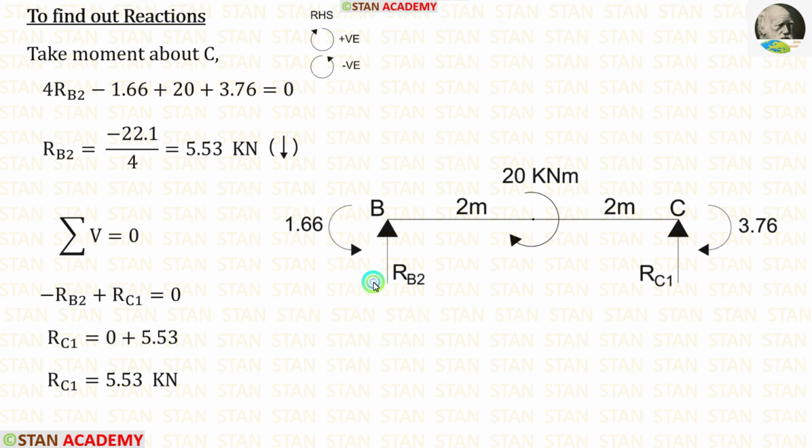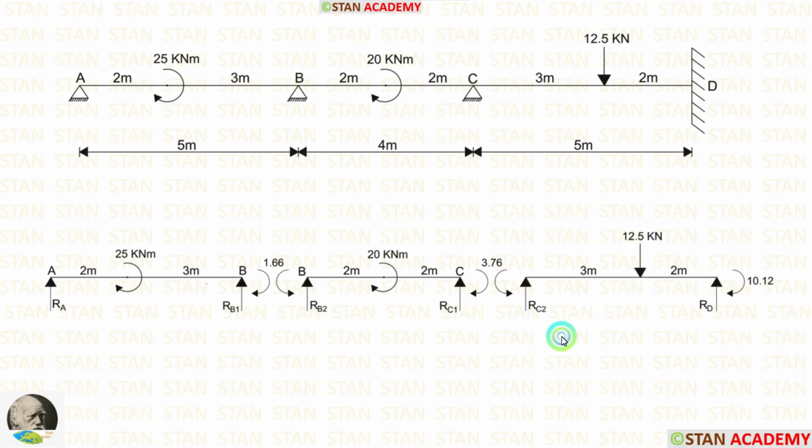That means our assumption is wrong. We assumed that RB2 is acting upwards, but actually it is acting downwards. Now, using the rule summation of vertical forces is equal to 0, we can calculate RC1. After applying the rule, we are getting RC1, which is equal to 5.53 kN.